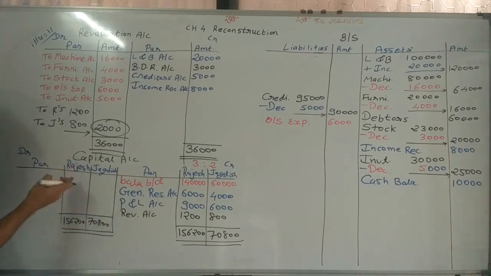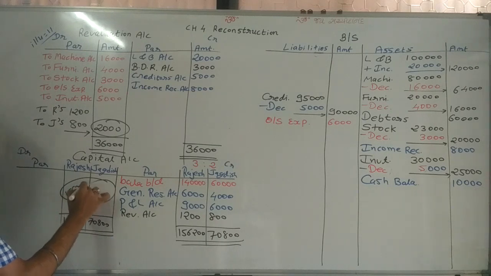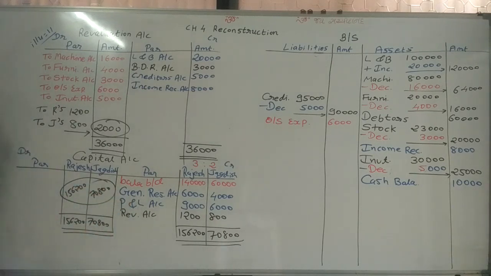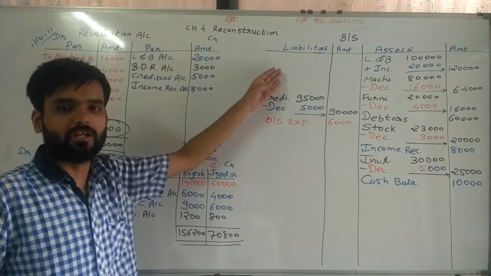Deducting debit side, sir, no debit balance is there. So this is my balance. And here we are writing balance carried down. Now this balance is transferred to credit side of the balance sheet.